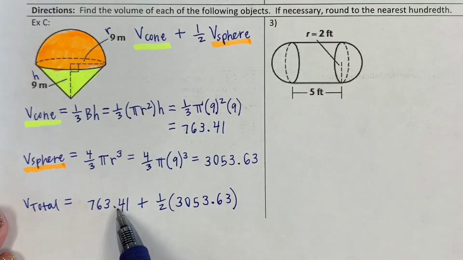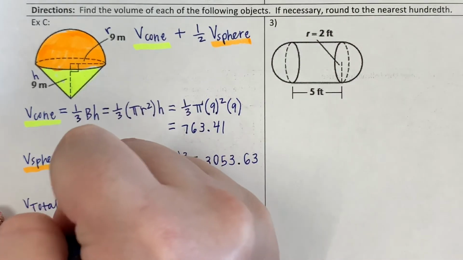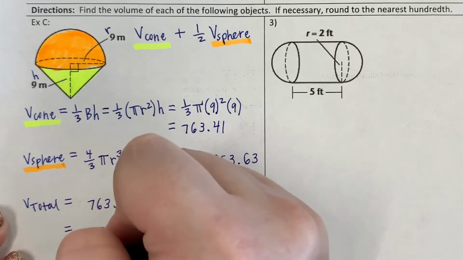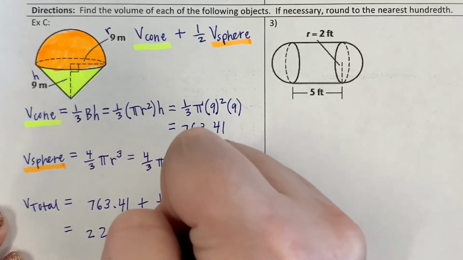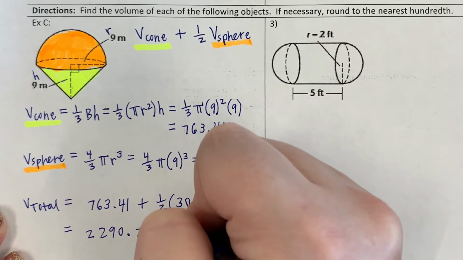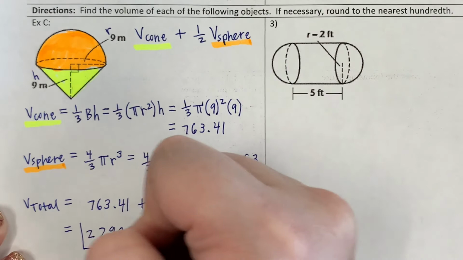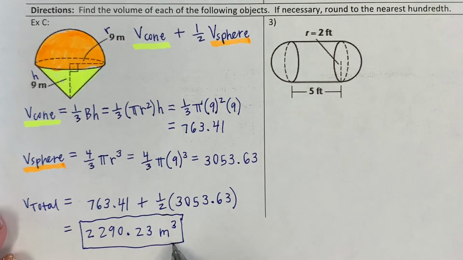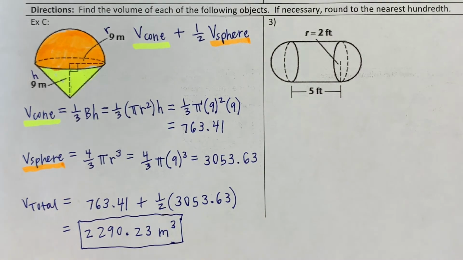So volume of the cone plus half the volume of my sphere. And when I do that, I get 2,290.23. And because it's volume, it will be cubic meters or meters cubed. So do make sure you put units. That would be our total volume for this object, which looked a lot like an ice cream cone.